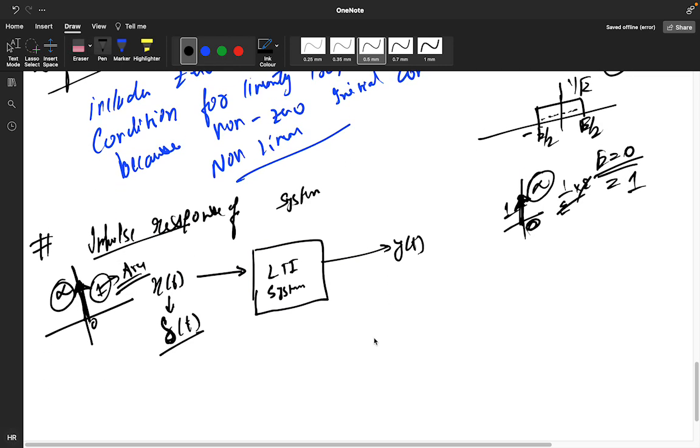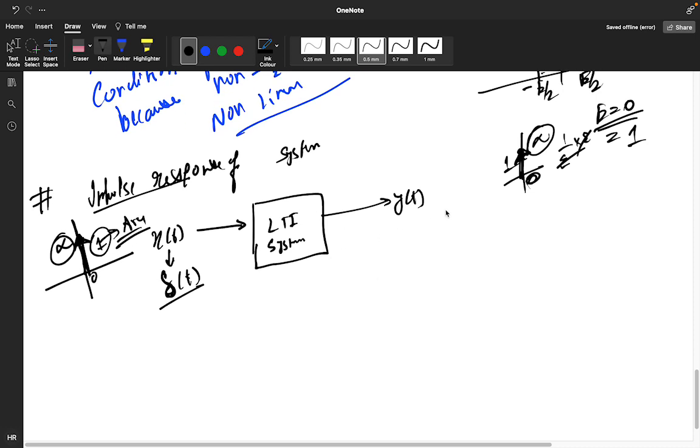So this is the LTI system. You are giving the impulse as delta t, and you are getting y of t. If your input is delta t, what will you get?